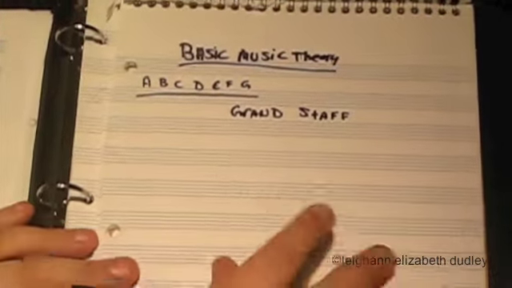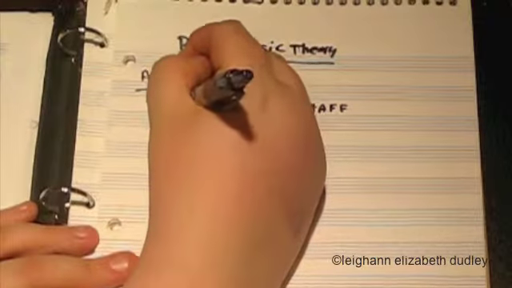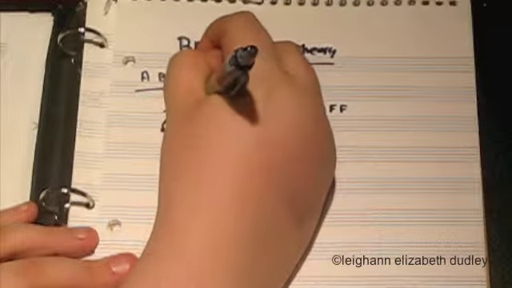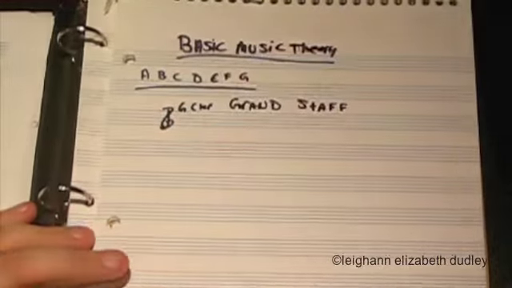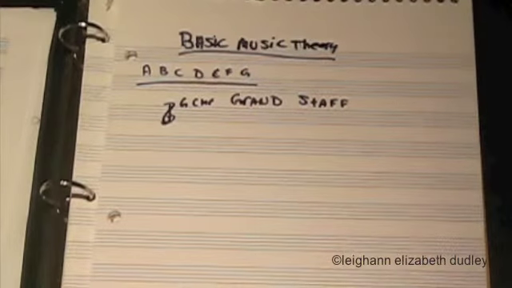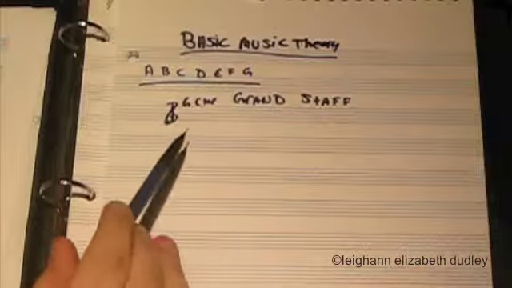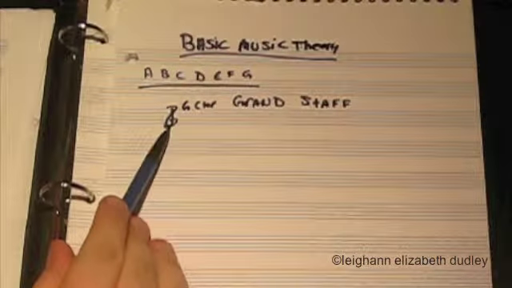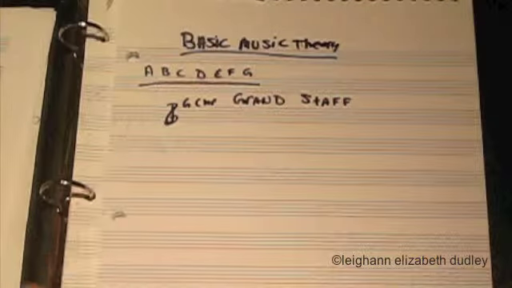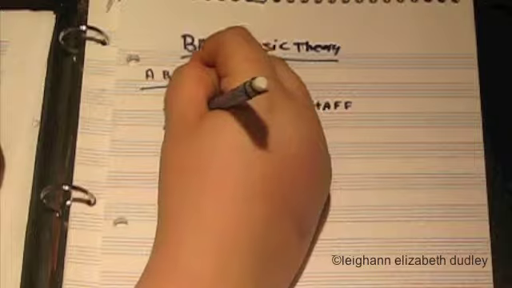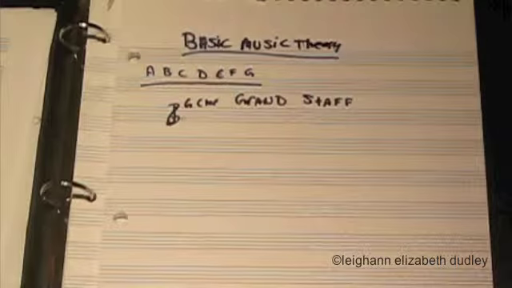So we have the treble clef, also known as the G clef, and the reason it's known as the G clef is because the little circle, this one right here, circles the G line on the staff. There are other clefs, but we're going to cover those later.